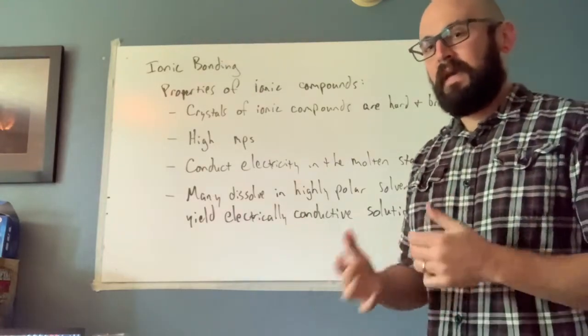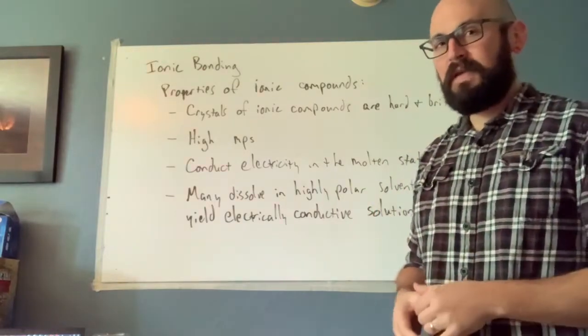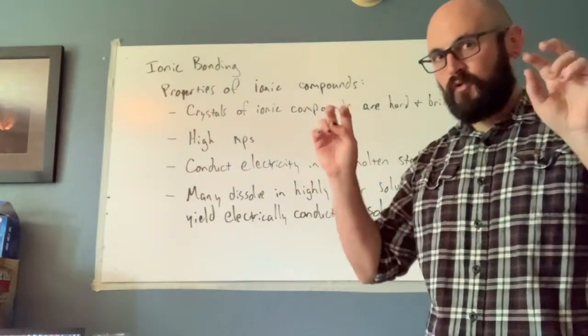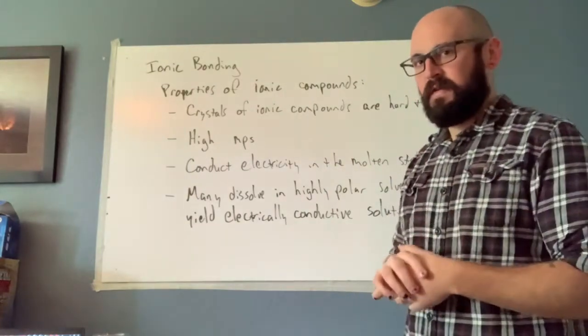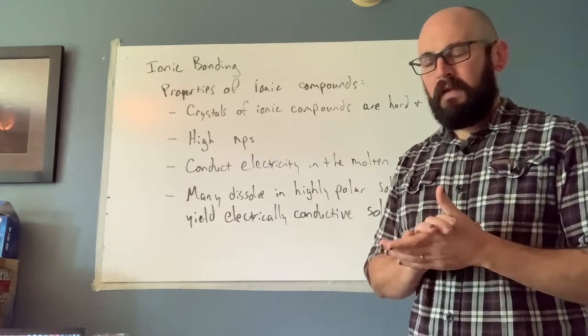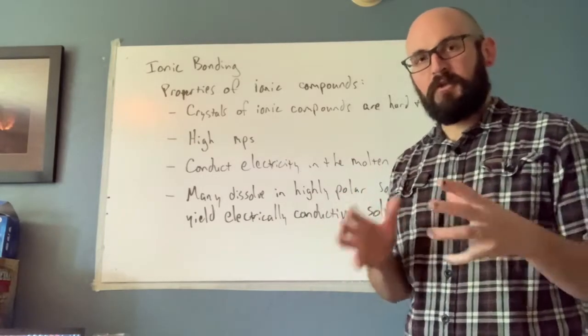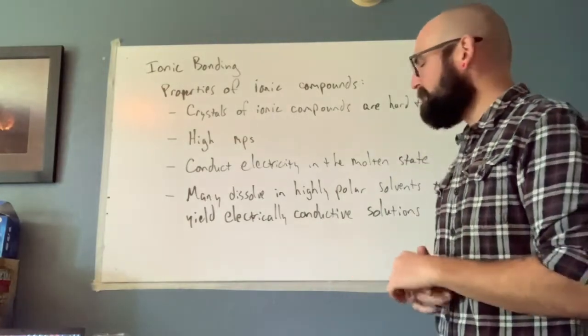This is because they have a non-directional bonding that's associated with it. So of course, when we have true ionic compounds, we have point charges that now have a non-directional interaction with the other charged particles that are surrounding it.